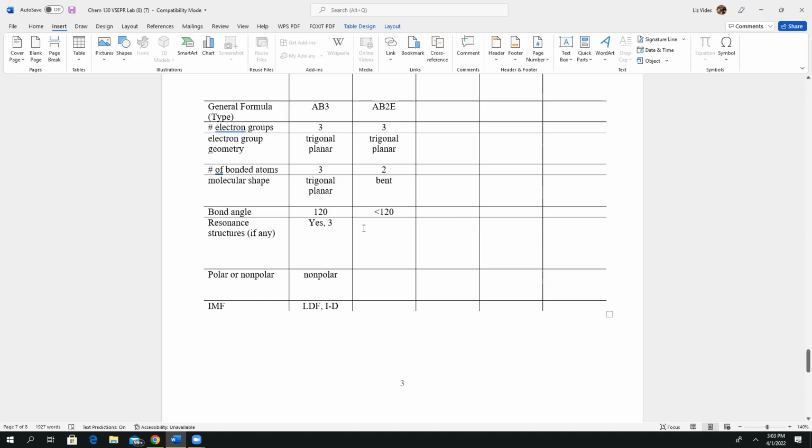Yes, there are resonance structures. In this case, we have 2. All right. And is it polar? Yes, it is. Oh, sorry. We need to put polar, not yes. And that means we have a lot of stuff here. We have London dispersion force.